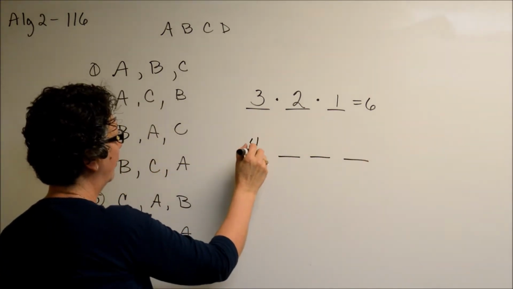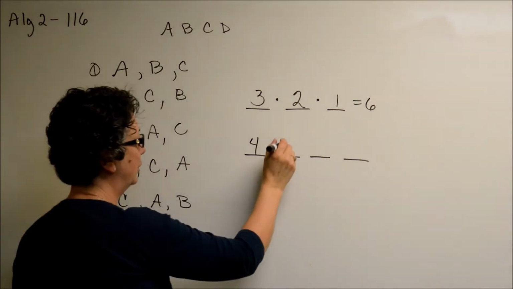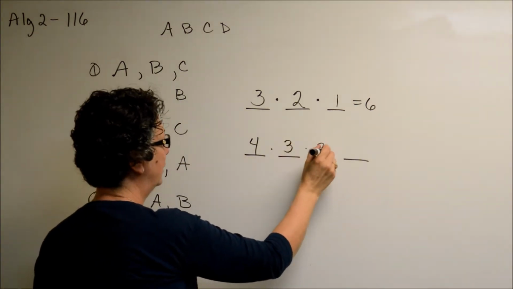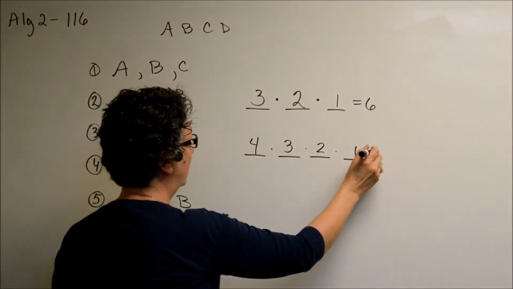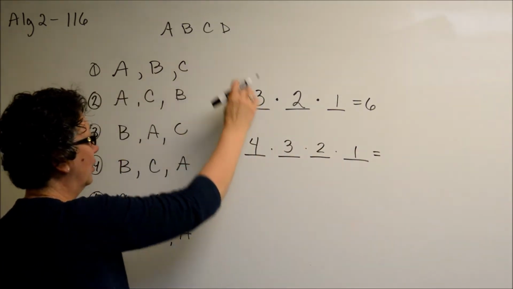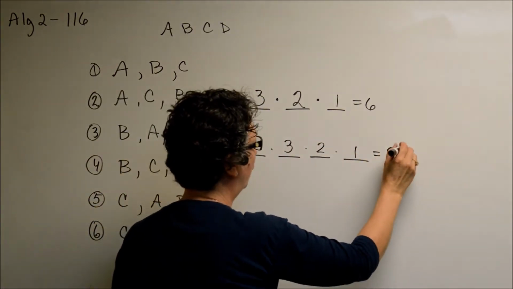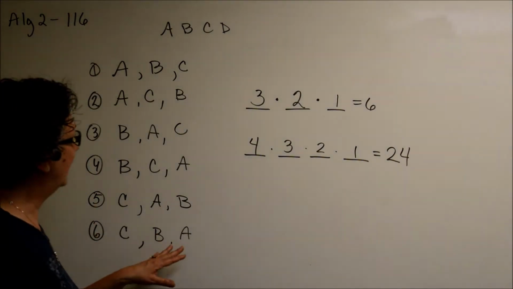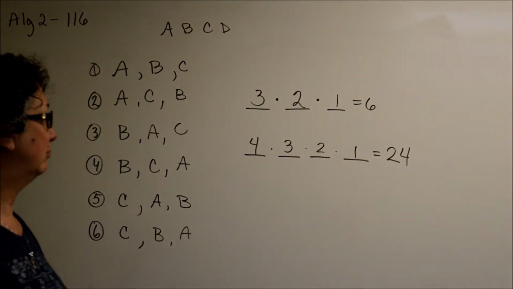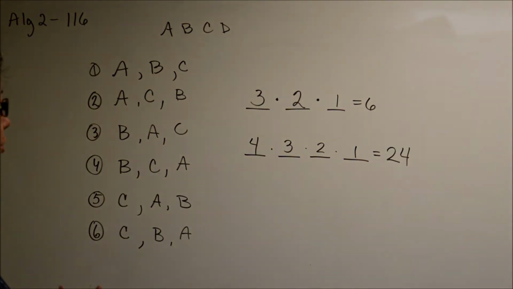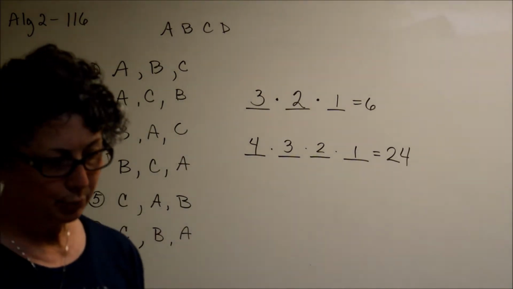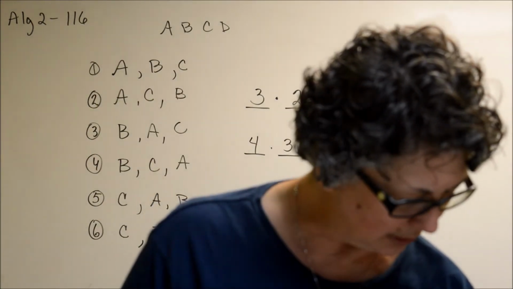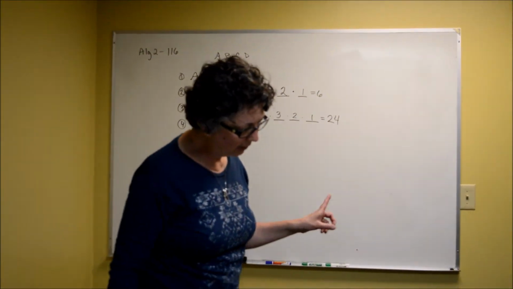I got 4 choices for the first, then 3, then 2, then 1. So by adding 1 more block, I now have 4 times as many ways to arrange those. And it grows that rapidly.